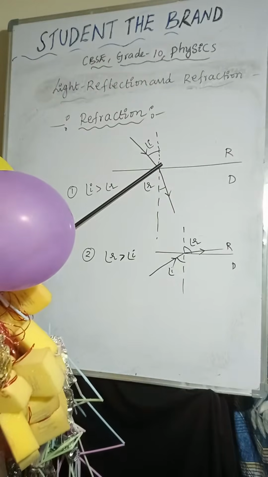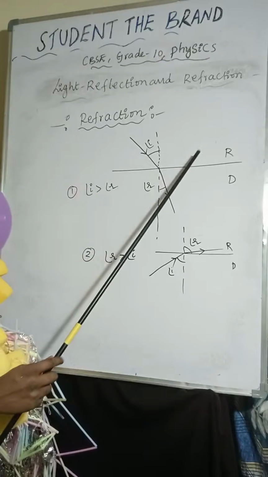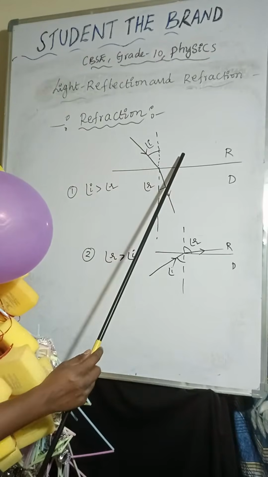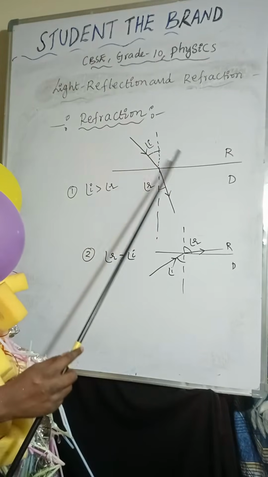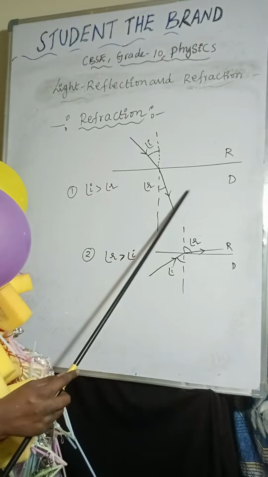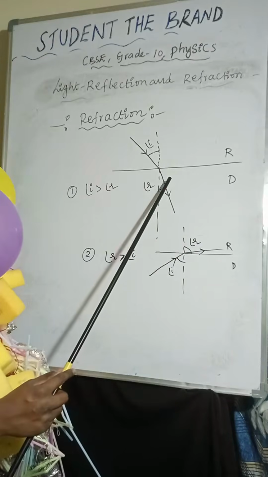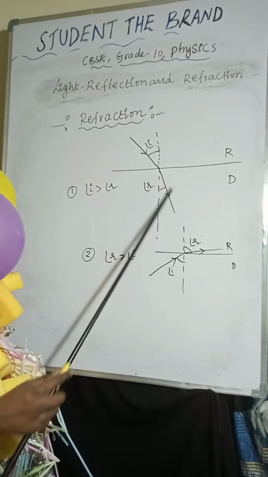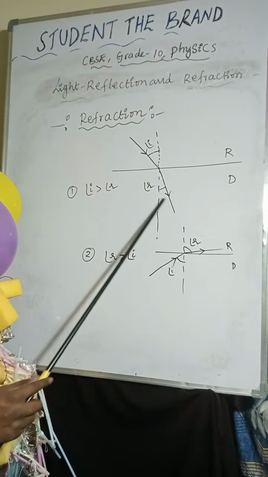And coming to here, when the light ray is moving from rarer to denser, in the rarer medium the speed will be more, and when it is entering into the denser medium, the speed is decreasing. That's why the refracted ray is bending towards the normal line.